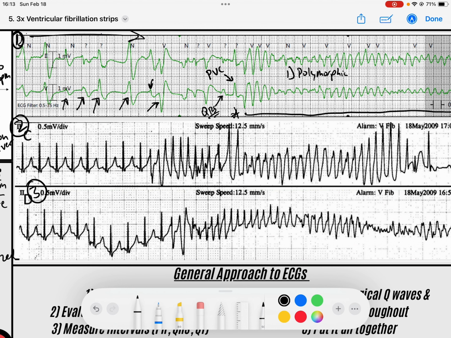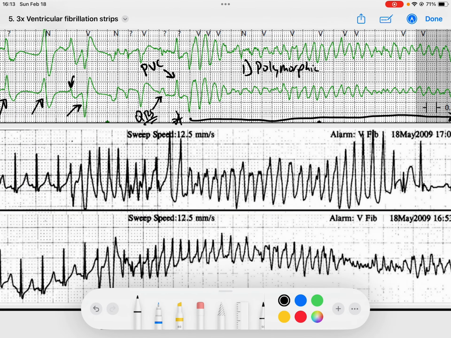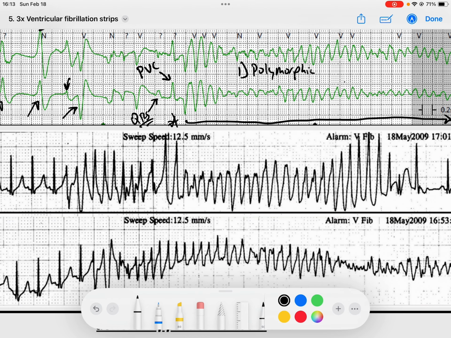And how do I measure the rate on these? Well, what I'll do is I will find the tip of a QRS complex, like this one. I'll find the tip of the next one. And if those tips are less than 5 millimeters in width, we know that 5 millimeters is 300 beats per minute. So if it's more narrow together than that, then we've got a tachycardia that is above 300 beats per minute.